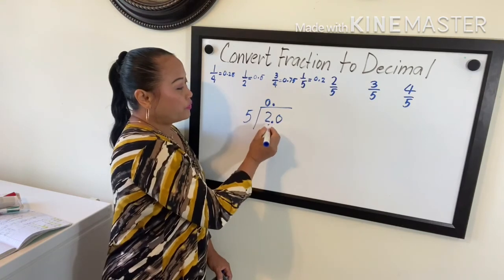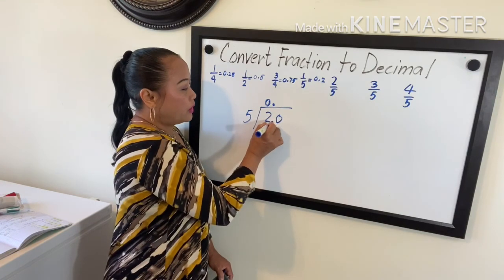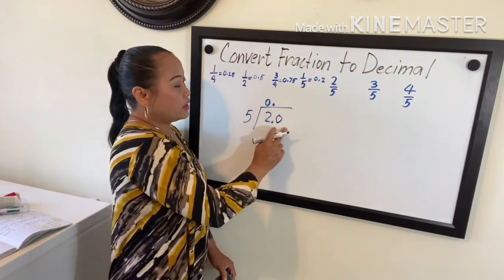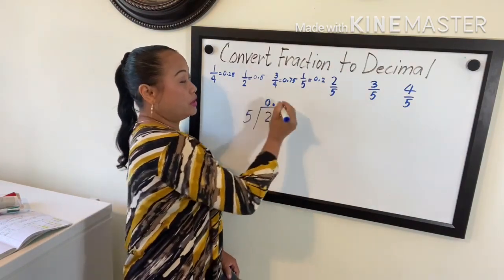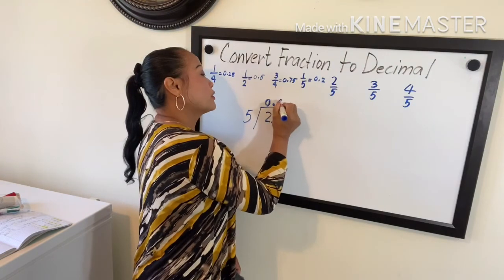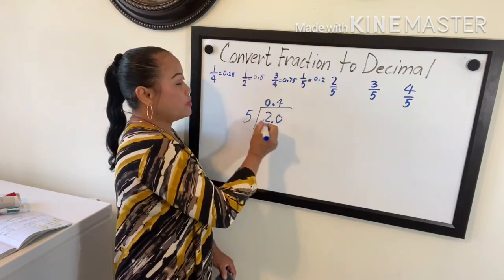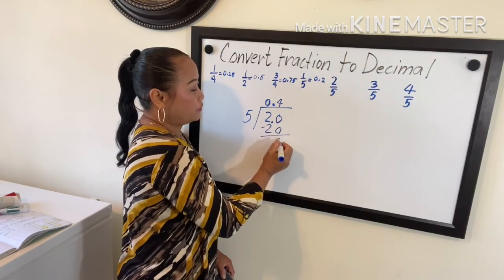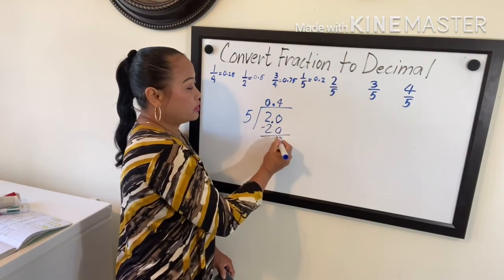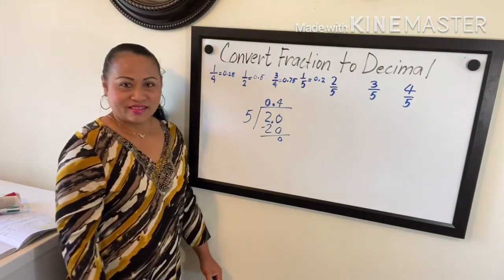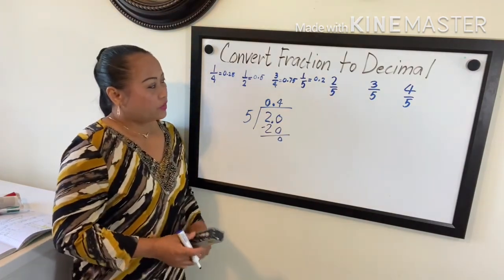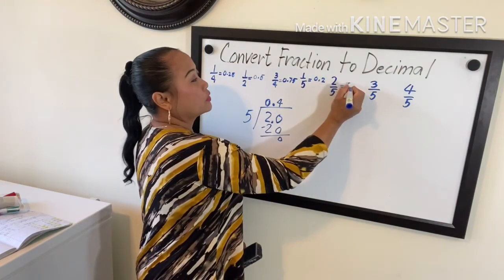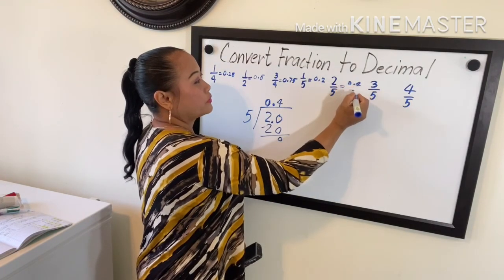And then a decimal point and then add 0. So now 20 divided by 5 is 4. 4 times 5 is 20. Now we'll subtract. 20 minus 20 is 0. Okay, so 2/5 is equal to 0.4.